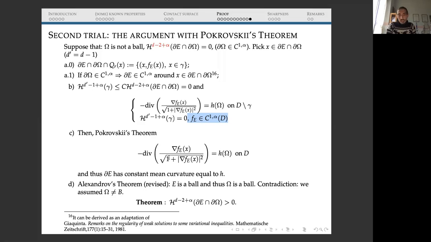And you get a contradiction. So either omega is a ball or this is big. So if omega was not a ball from the very beginning, then this bound has to be true.